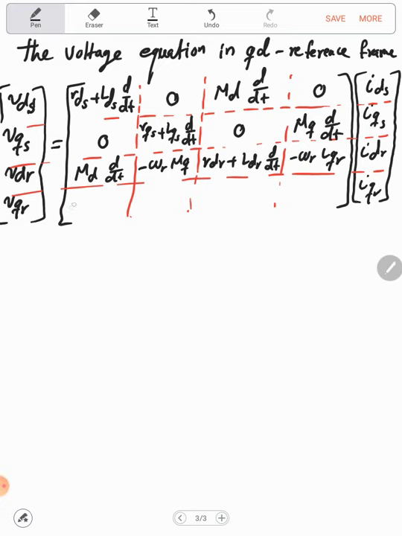Here we have omega r MD, MQ d by dt, omega r L dr, and here we have R QR plus L QR d by dt.